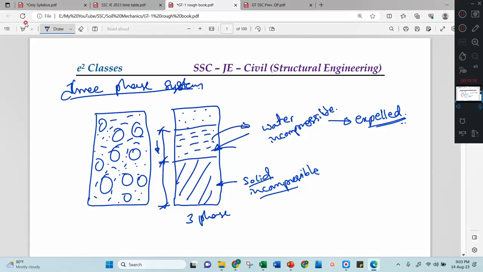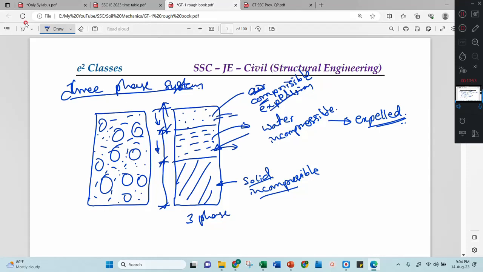That means by pouring it outside, this volume can be reduced, not by compressing. Okay, then air is also compressible, and expulsion is also possible. That is, this volume I can reduce or increase because air is compressible and expandable. And expulsion also, you can put it outside.